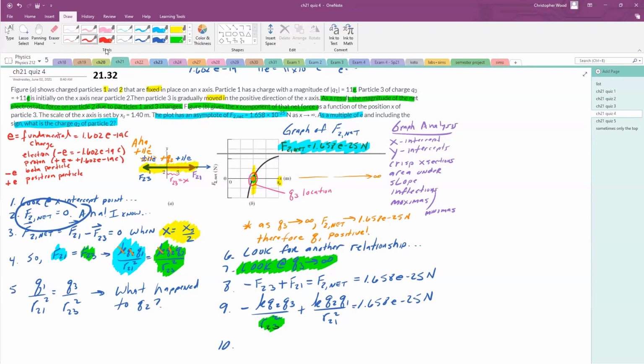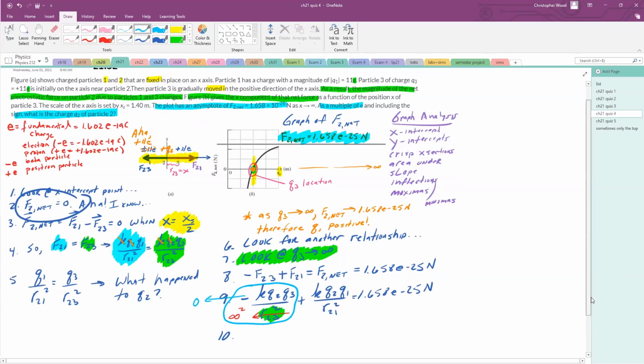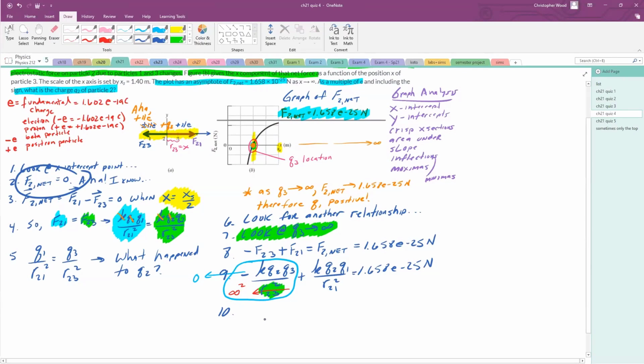So R23, when Q3 goes off to infinity, this denominator becomes infinity squared. So this whole term goes to 0 because I have some numerator over infinity squared. That's some low-hanging fruit. So you know what I'm left with in step 10?